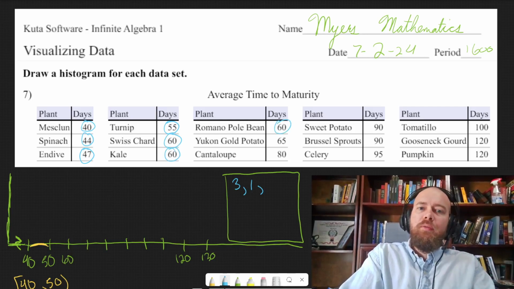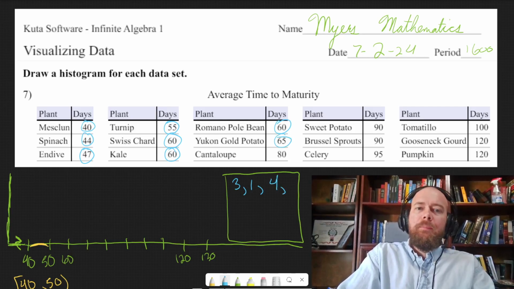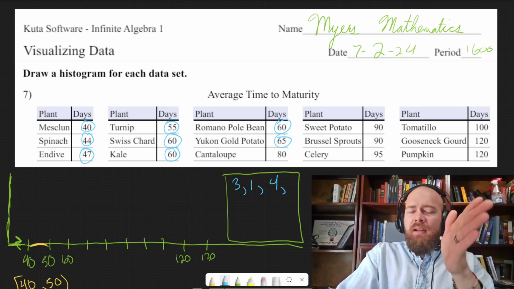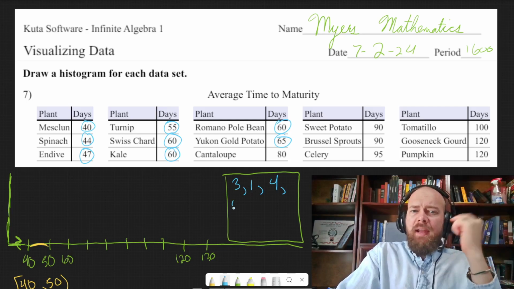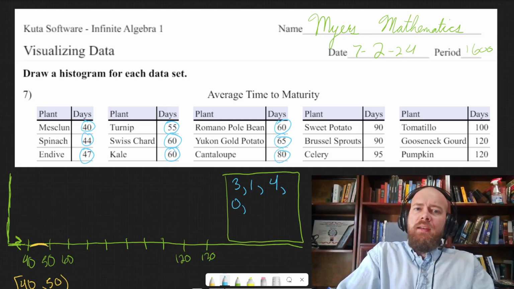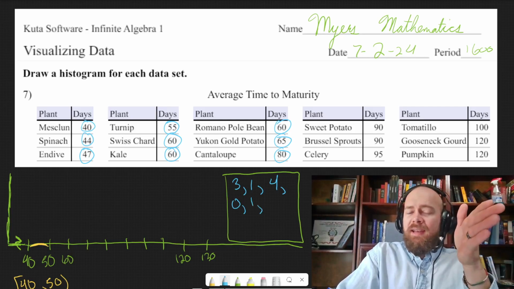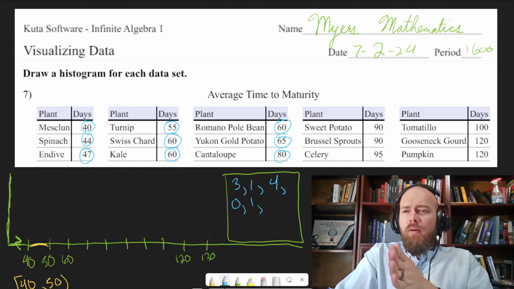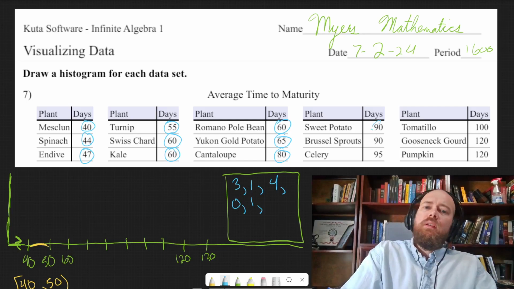Quite a few that time. 1, 2, 3, 4. Okay. Then including 70, but not including 80. There's actually nothing in that category. Including 80, but not including 90, only 1. Starting at 90, including, going all the way to 100, but not including: 1, 2, 3.